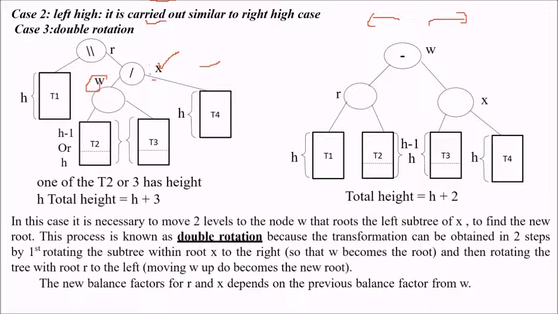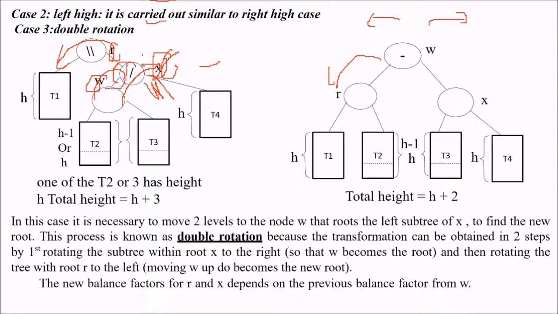Why? Because the transformation can be carried out in 2 steps. First, rotating the subtree with root X to the right, that is a right rotation, so W becomes the root, and then rotating the tree with root R to the left. With the first rotation W comes here, and in the second rotation W goes up and R comes here.